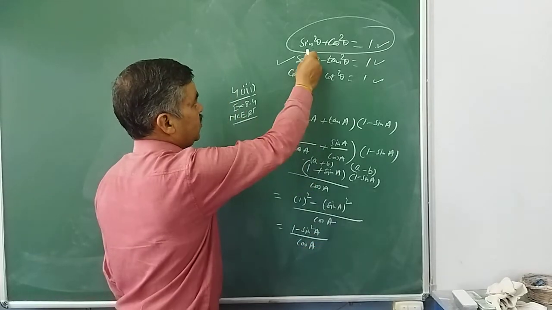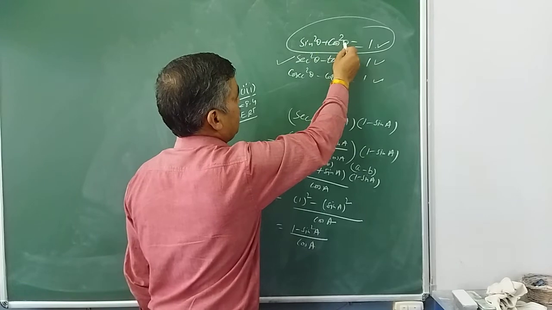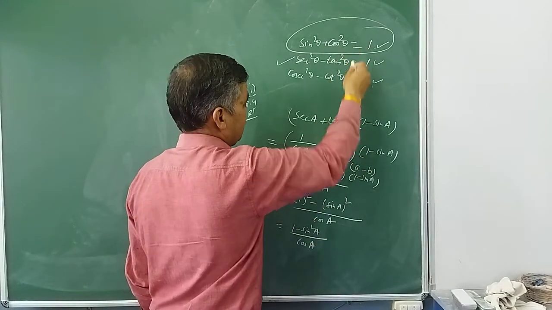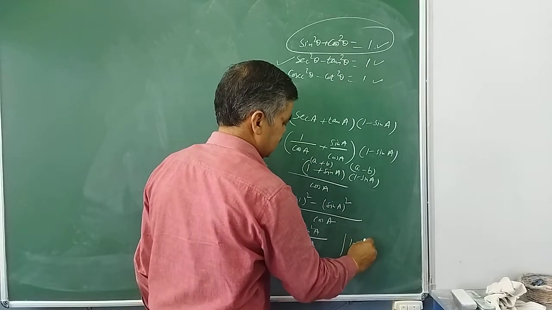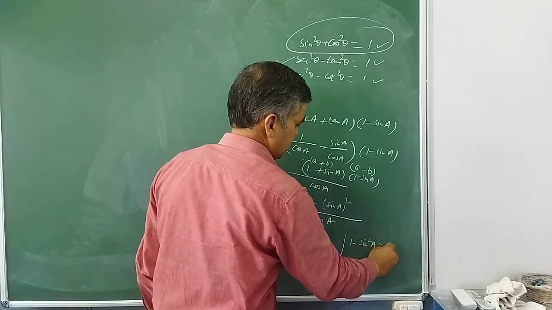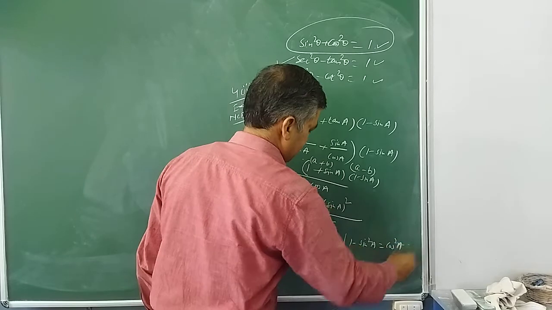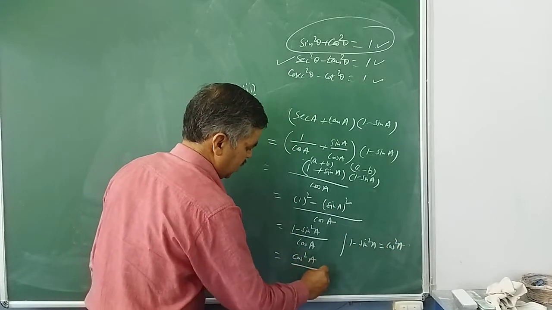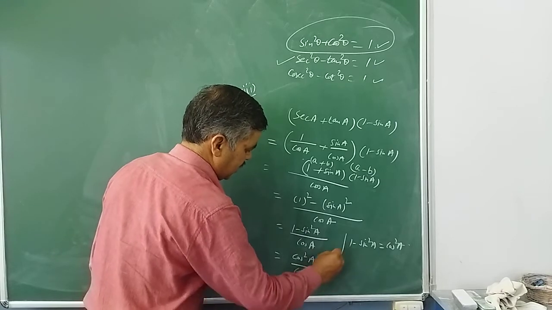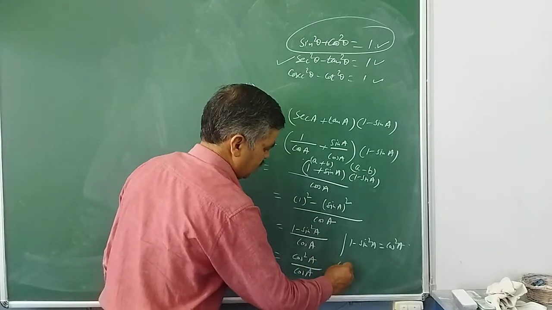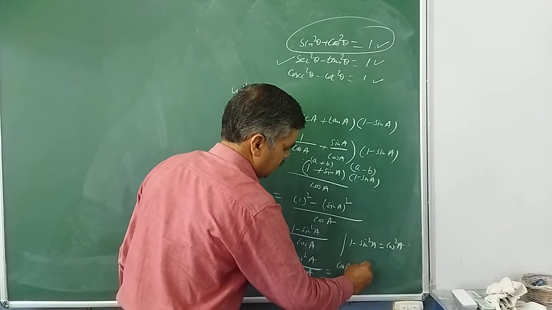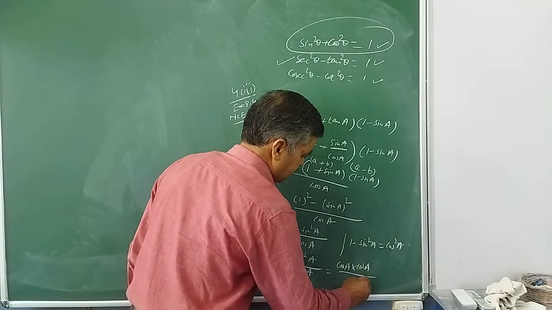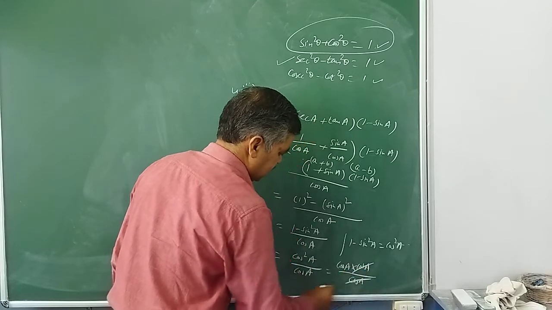And from here you can see now, if cos square theta plus sin square theta is 1, then 1 minus sin square A is equal to cos square A. So that you can put there, cos square A upon cos A, and cos square A can be expressed as cos A into cos A upon cos A. So I can cancel this.